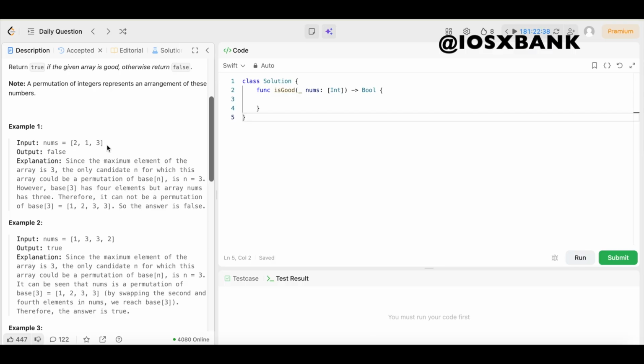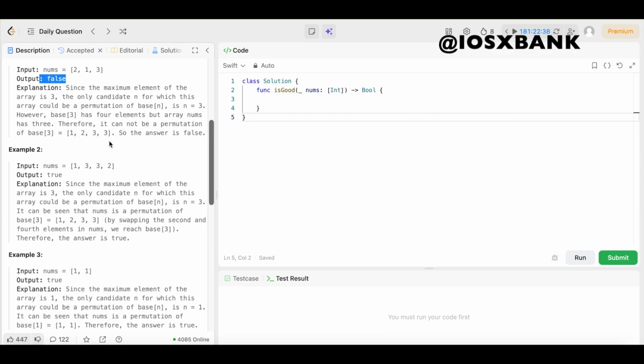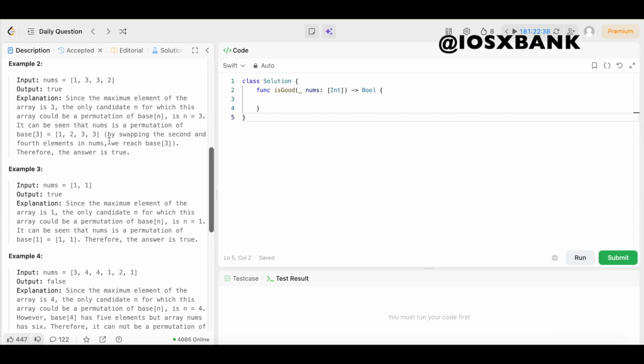So since we already know that n is 3, that means we know that the array should have 4 elements. So we could just check and see that this array doesn't have 4 elements, and we know this is not a good array, 1, because it's missing a 3, and 2, because it doesn't have 4 elements. So we return false.